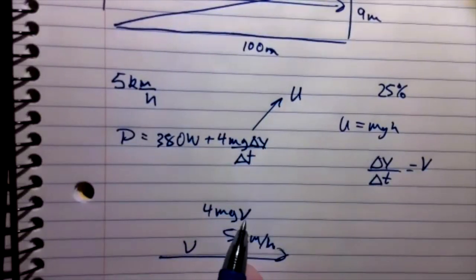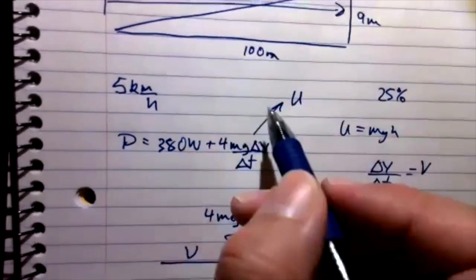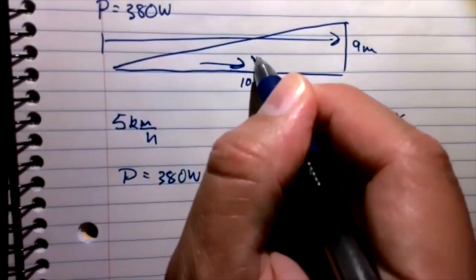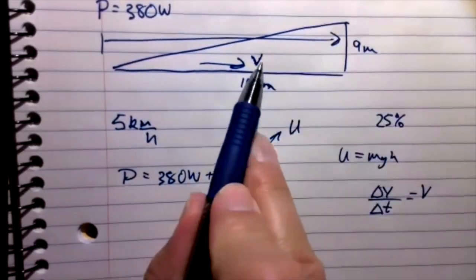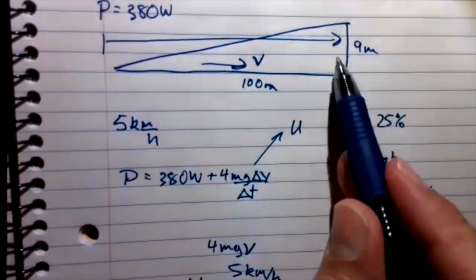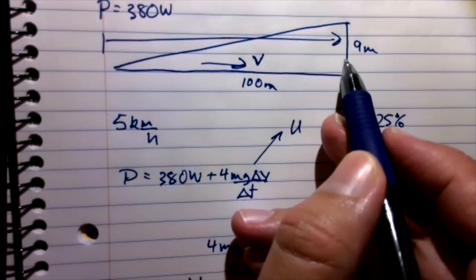What we need is the velocity that she's moving up. So we know that on our triangle here, this is our velocity this way. How could we get the velocity where she's going up? So this is her x velocity, but we need her y velocity.